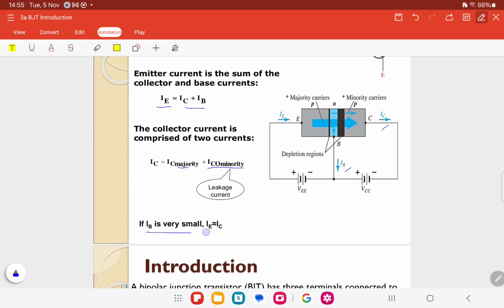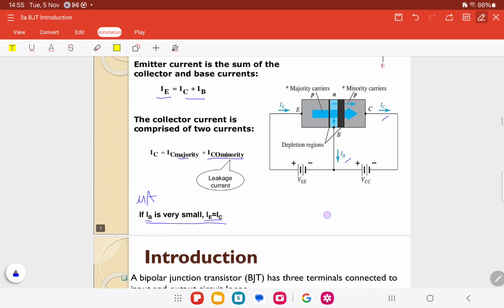And as I told you earlier, IB is very small, normally in micro ampere. But we do not just assume it as 0, sometimes we do not have to calculate it. And because IB is too small, we can say that IE is approximately equal to IC.